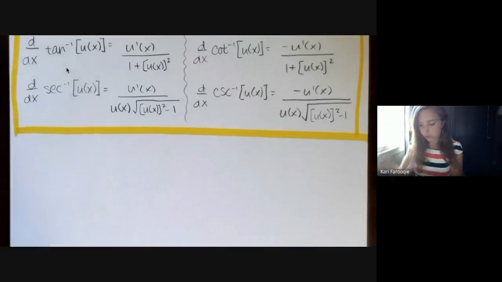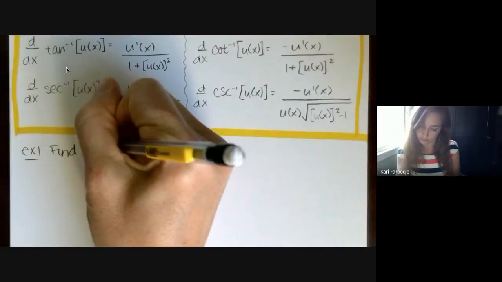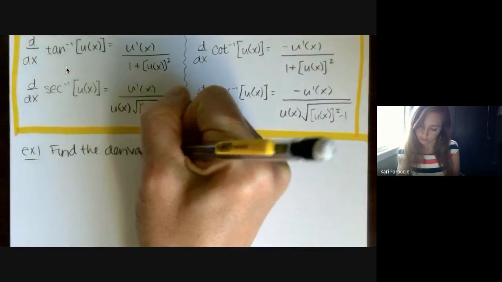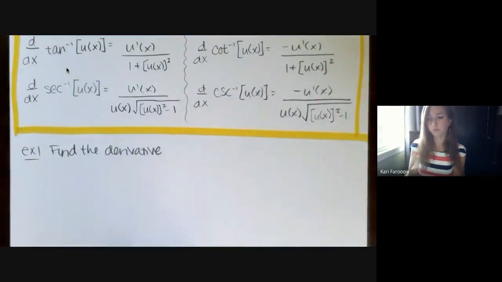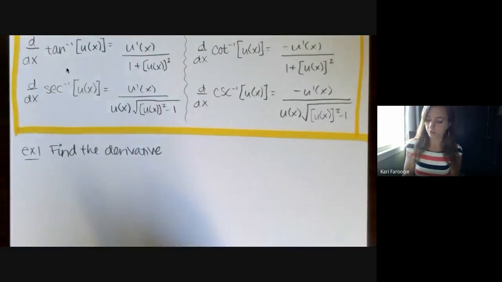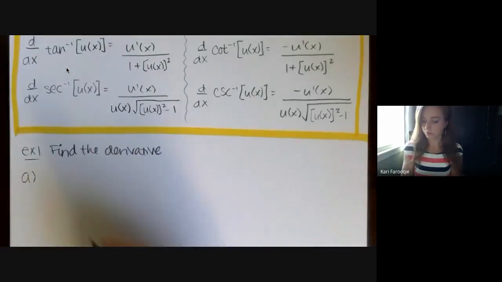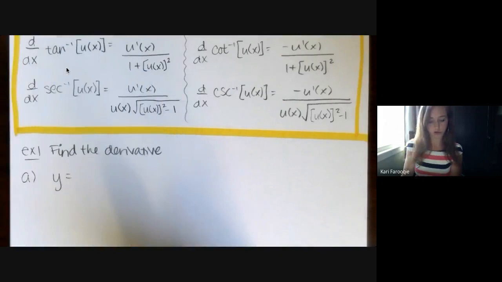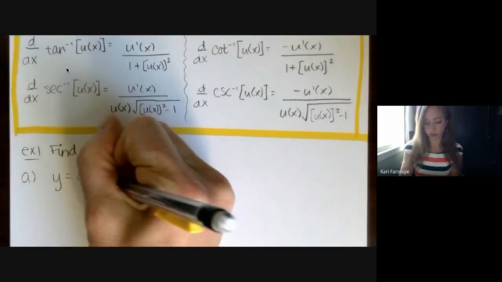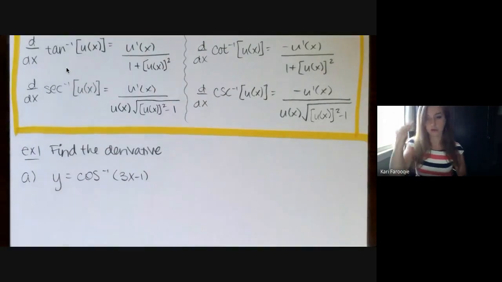Example 1, find the derivative. So the first function we're going to look at is y equals the inverse cosine of 3x minus 1.